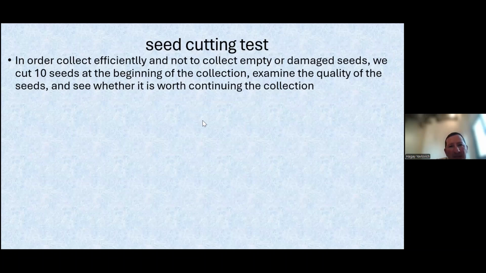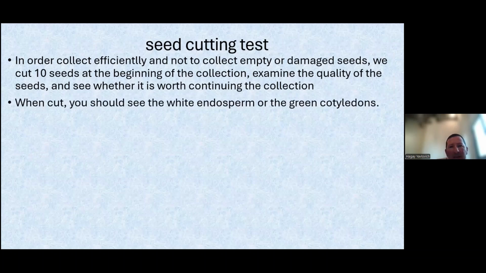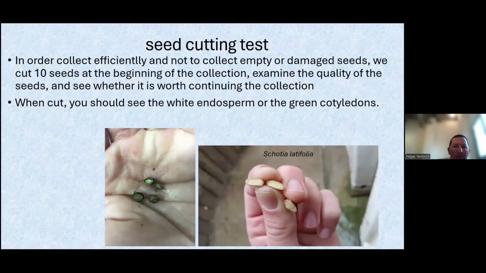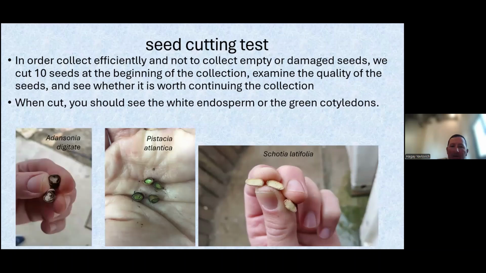You take something like 10 seeds and cut them with scissors or something, and you have to see the endosperm, which most of the time is white, or the cotyledons, which most of the time are green. And if you see a very nice white or very nice green color, you know that the seeds are good and you can continue with the collection.